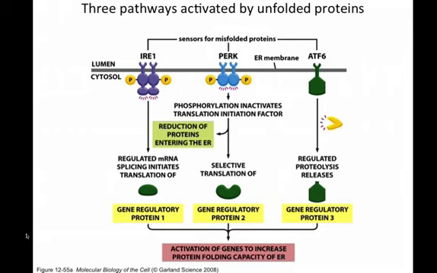Maybe a little bit, right? You might want to activate some translation of things that are going to help protein folding, but you might also want to tone down translation of proteins into the ER, because if you're having an unfolded protein response, you probably want to lighten the load a little. So slow things down so that the unfolded protein burden doesn't get worse.